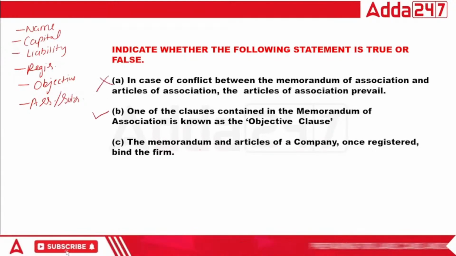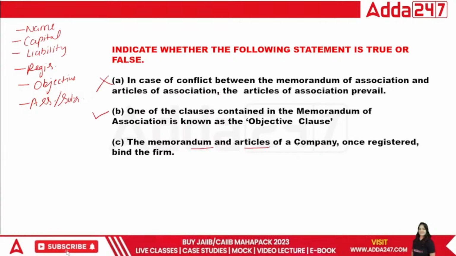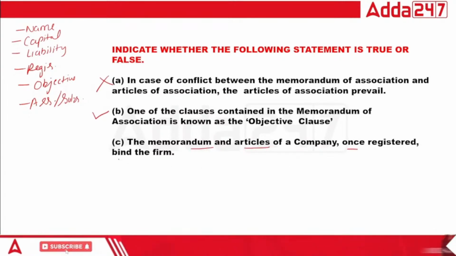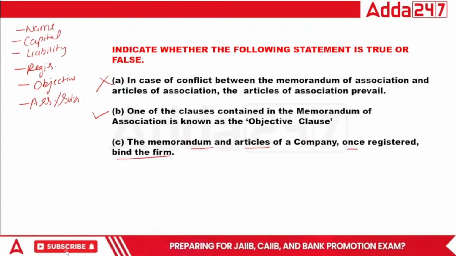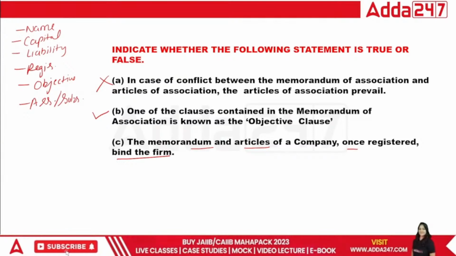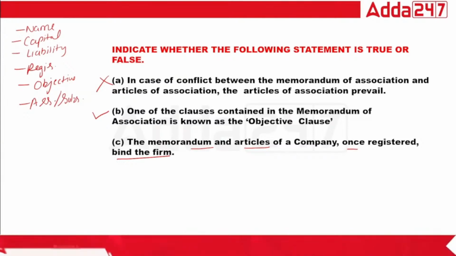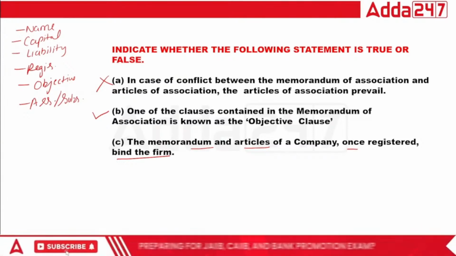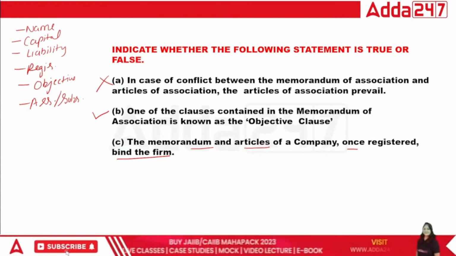Right? The memorandum and articles of a company, once registered, bind the firm. Tell me. Bind means that they have to do the things which are written in the memorandum and articles of association.